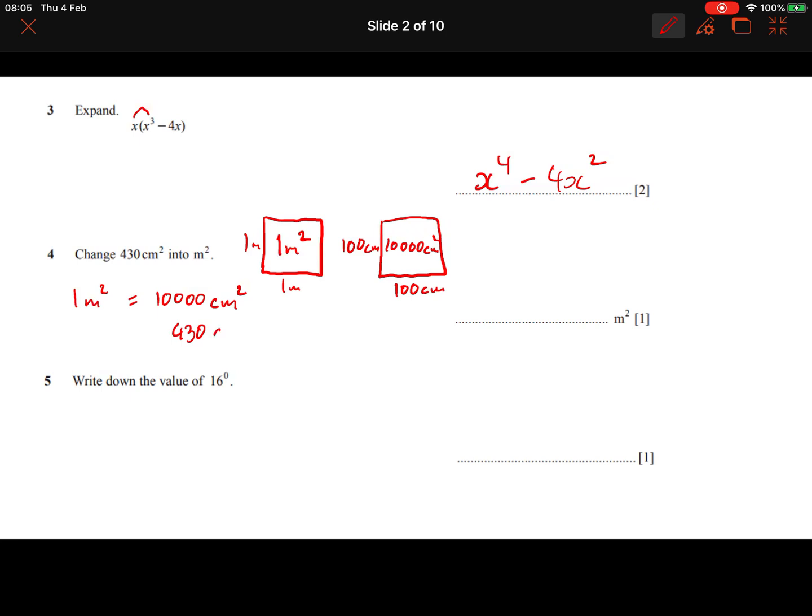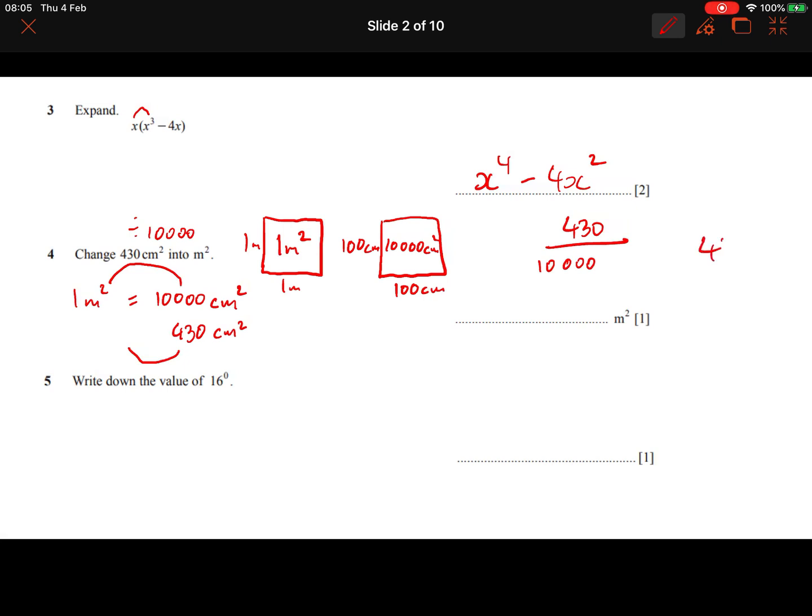So 430 centimetres squared. Well, if I'm going from here to here, I basically need to divide by 10,000. So I need to divide 430 by 10,000, which means moving the decimal point 4 places.